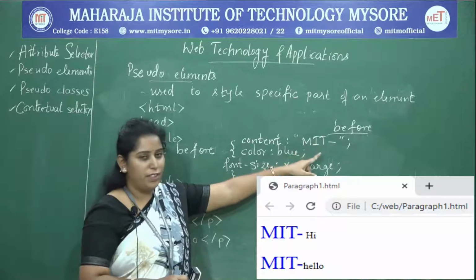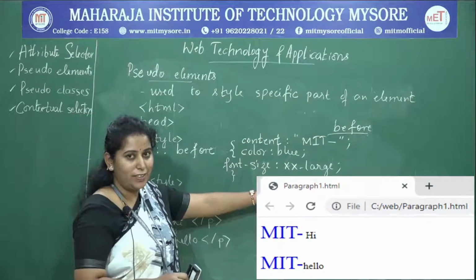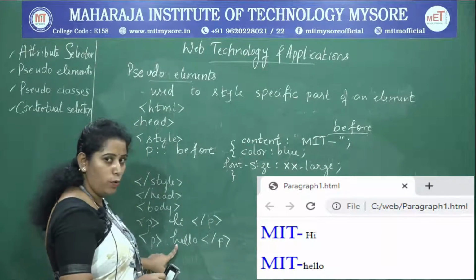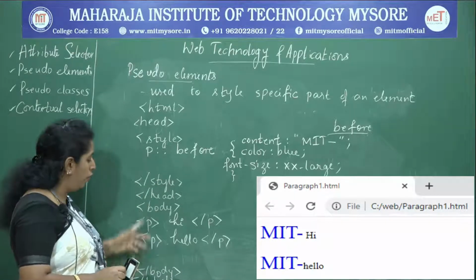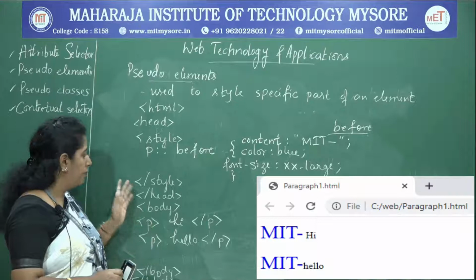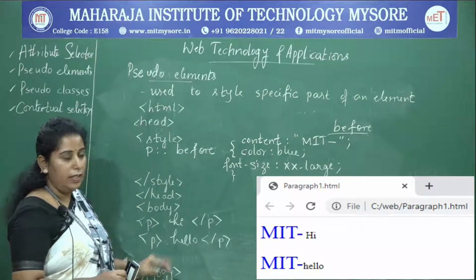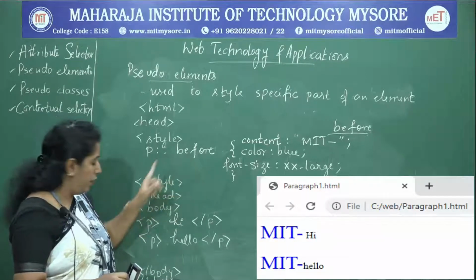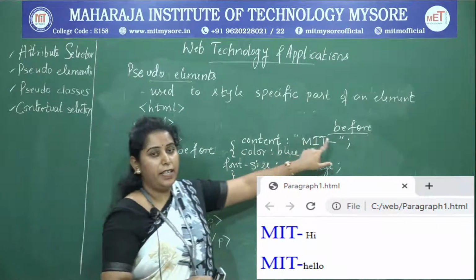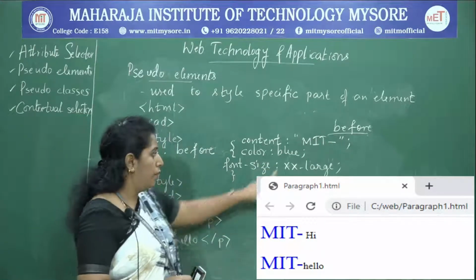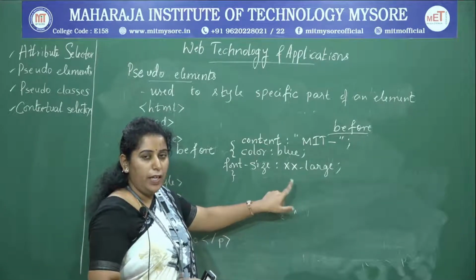MIT hyphen, and then it is printing hi, in blue color and in large size. In the same way, hello. Since you have given the element p, paragraph, all the matching tags will be affected. So how will this line be printed? MIT hyphen hello in blue color and in this font size. Is everyone getting it?